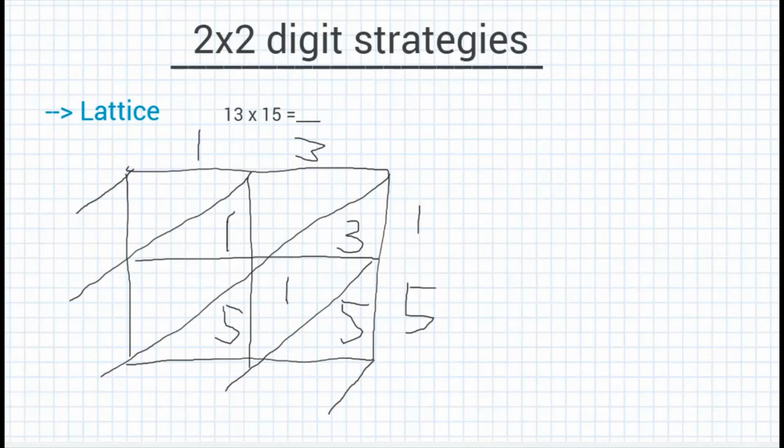Okay, so this next step is pretty easy. All you want to do is add the numbers that are in a row. As an example, you want to add all these numbers, and then these numbers, and these numbers. Okay, so 5 plus nothing is 5, and 3 plus 5 is 8, plus 1 is 9, and then 1 plus nothing is just 1.